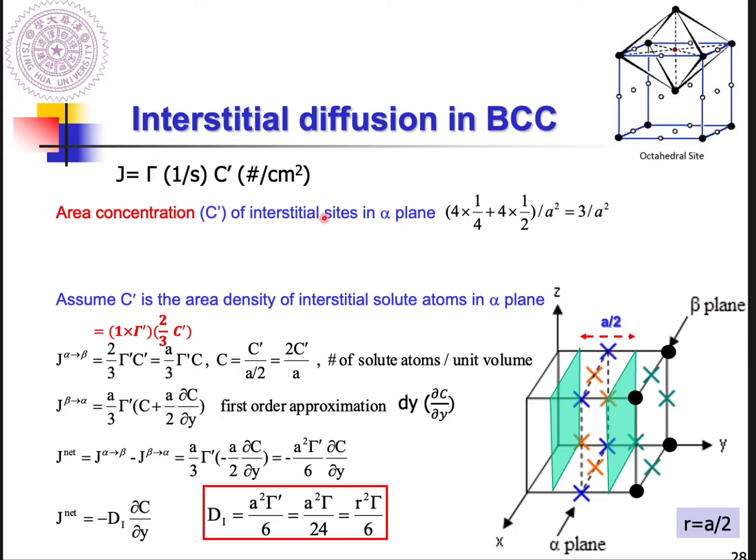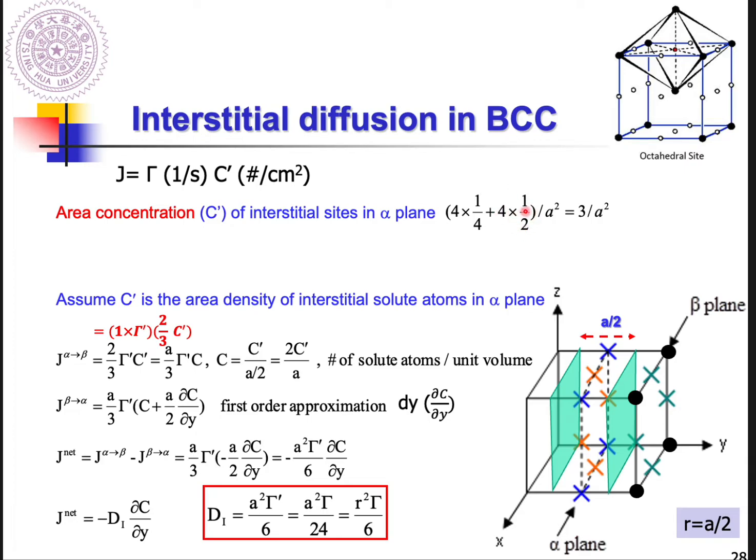So the area density, right? This is on the face center. If we consider the area density, for the orange interstitial sites we have 1, 2, 3, 4, so 4 orange interstitial sites, and this is at the face center, so each counts as 1/2.